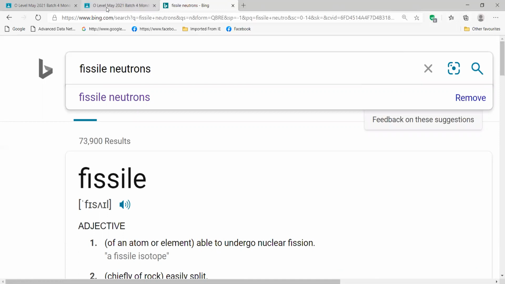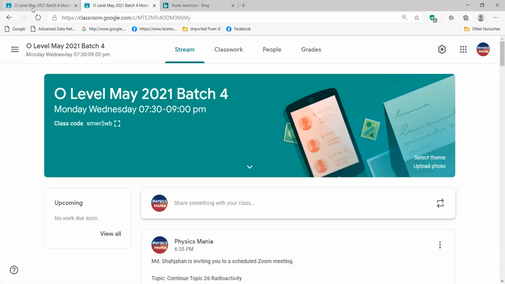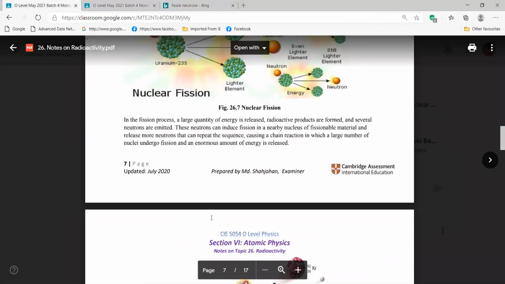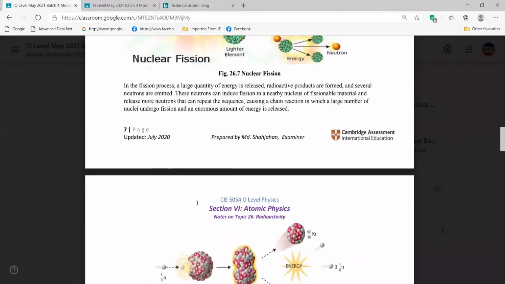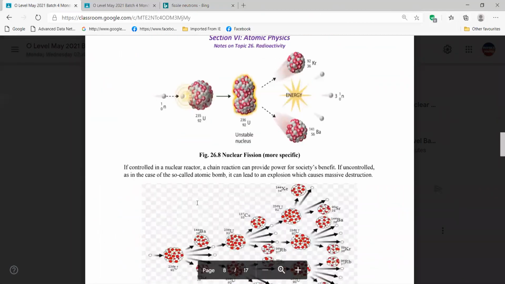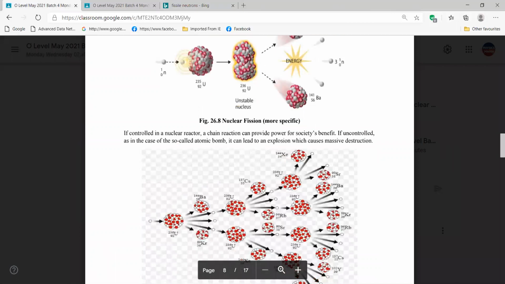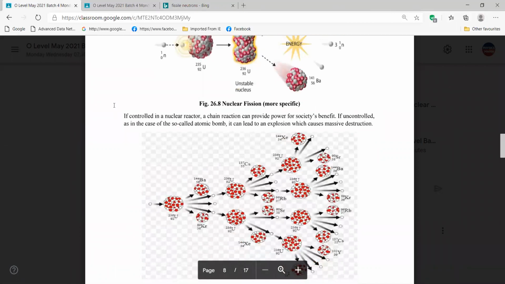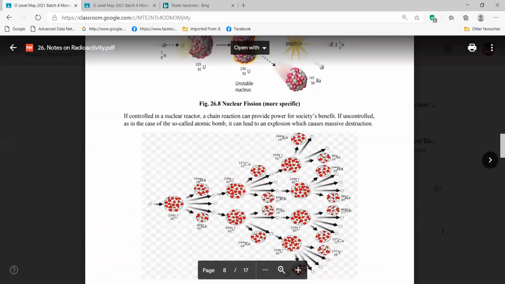Okay, now we are learning something more. Here, in this chain reaction, you see we have three neutrons. Those are also taking part in splitting another three uranium, right?